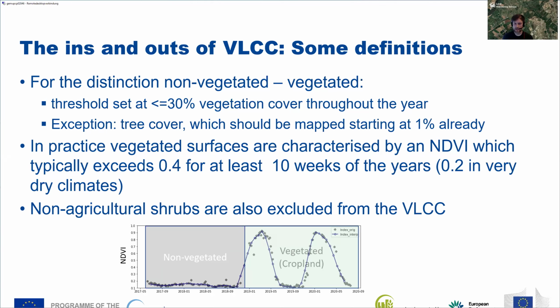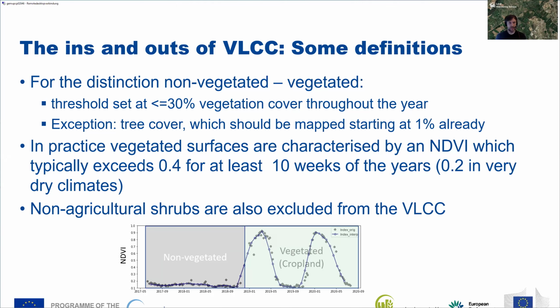For 2019 and the following years, there is a clear rise in the NDVI visible, and this area would then get labeled as vegetated, and with these specific NDVI characteristics would be considered as cropland.